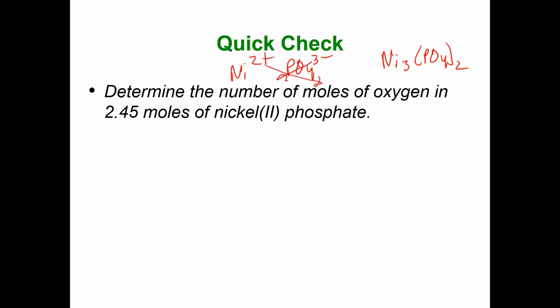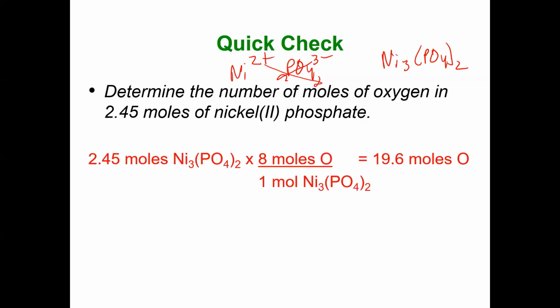So I have 2.45 moles of this. How many moles of oxygen? Well, there's 8 moles of oxygen per 1 mole of nickel(II) phosphate. So I take 2.45 and multiply it by 8. I get the number of moles of oxygen. Very powerful. So moles are just ratios.